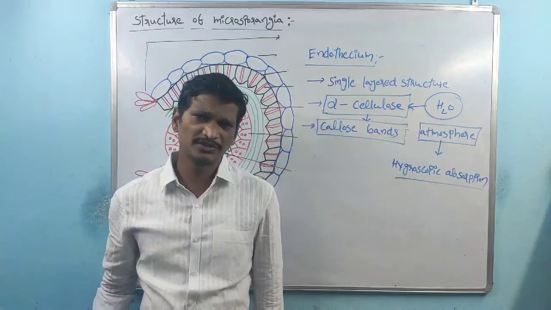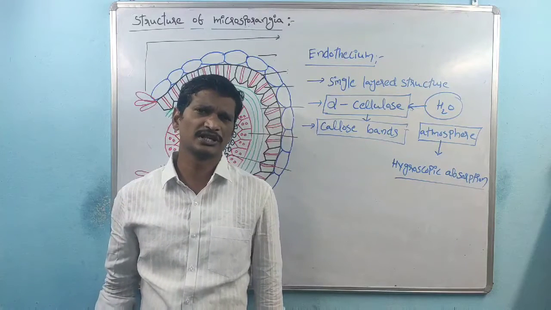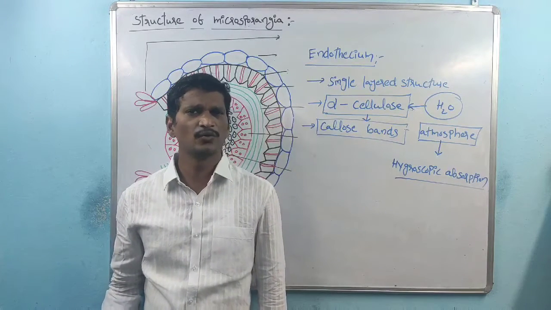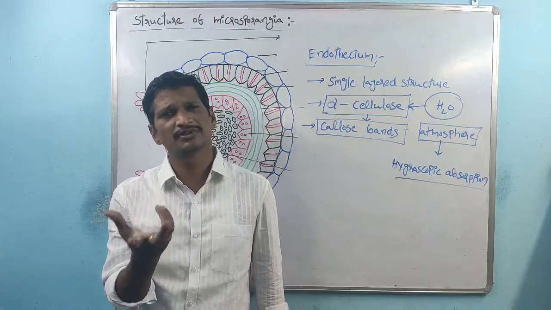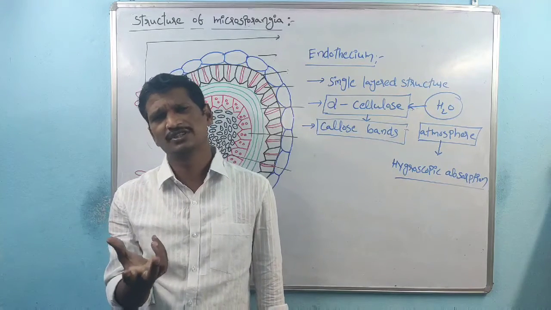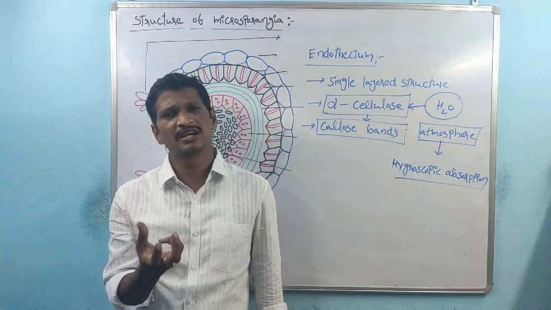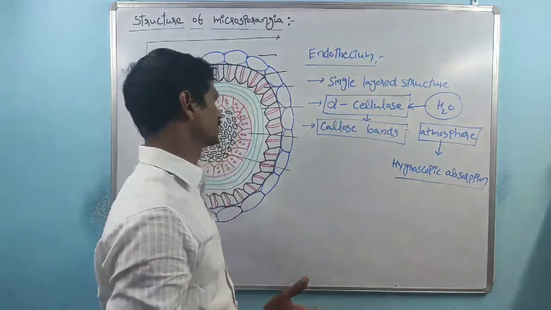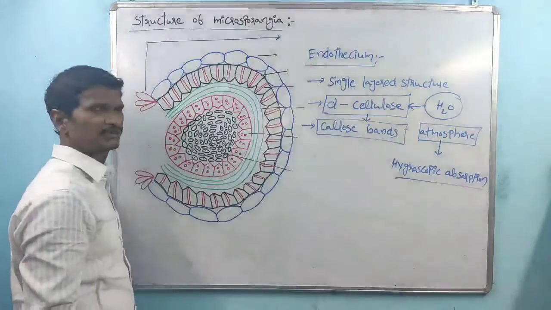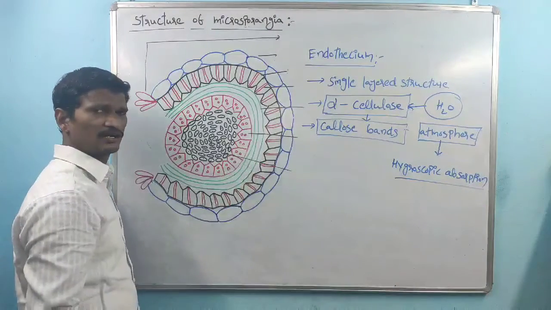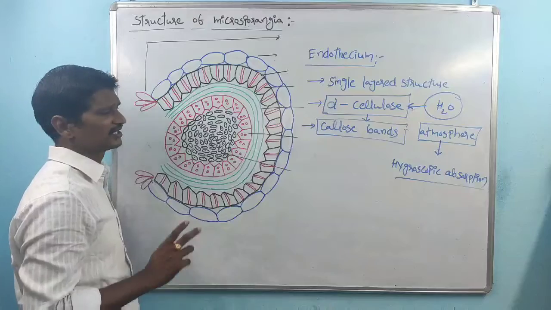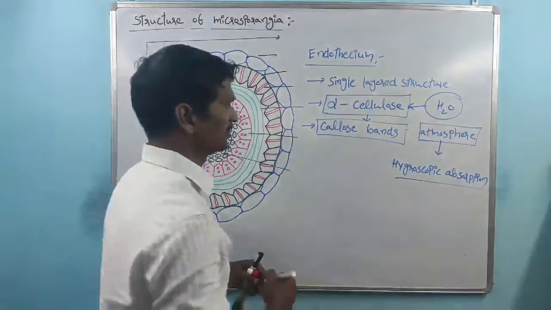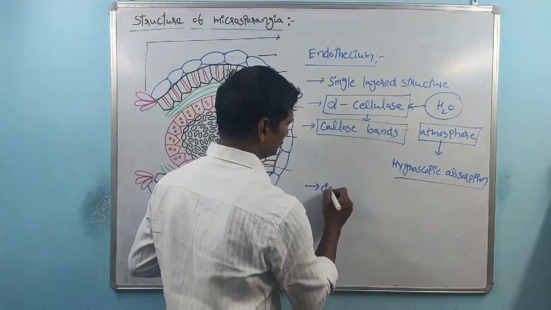Once the endothelium cells lose the water, the cells burst. That is nothing but the cells undergoing the breakdown process. Once the cells undergo the breakdown process, that is nothing but dehiscence, right?